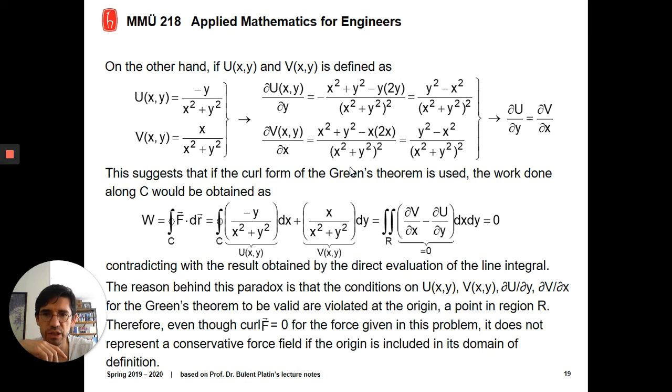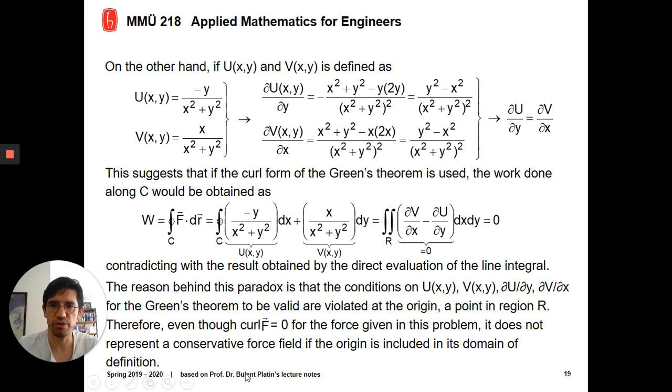This is in contradiction, and this is what the reason is. I have a violation of the Green's theorem at the origin. And this origin is a point in my region, so there's a problem. I cannot really define it perfectly.